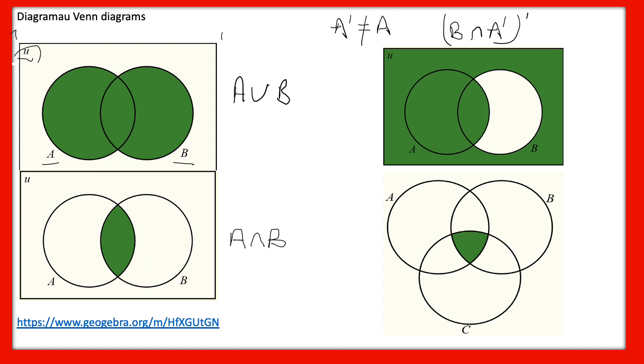In B should be green, but then because it's a dash of that, I want everything that's not there. So what I've got is this, and it can be annotated a slightly different way, so you can actually look at it in a different way.